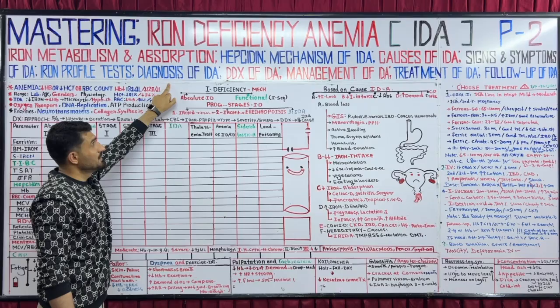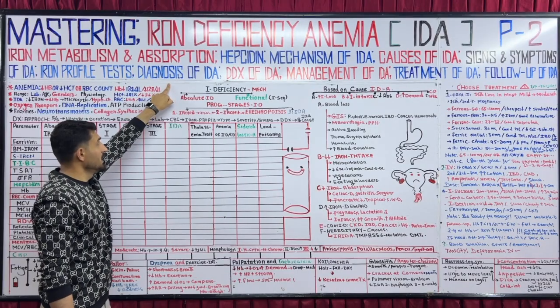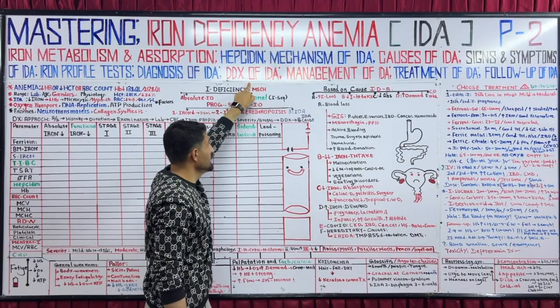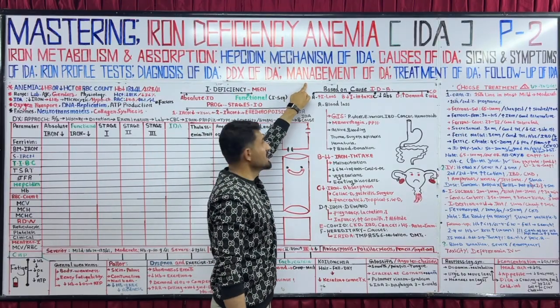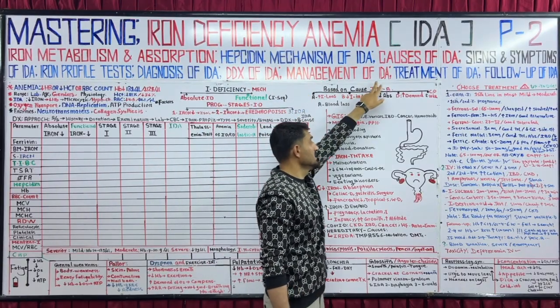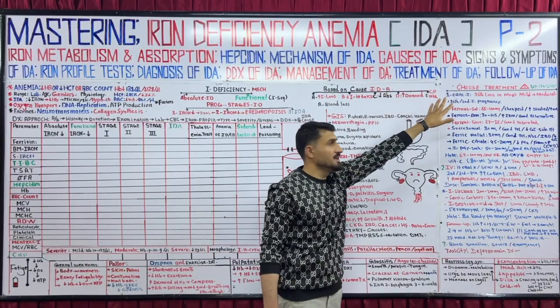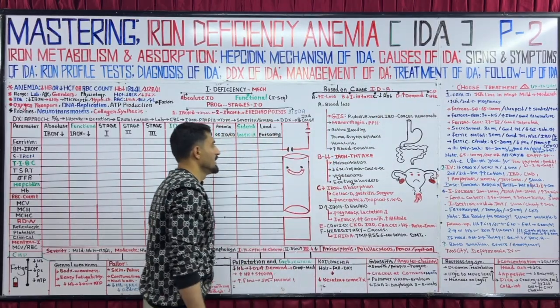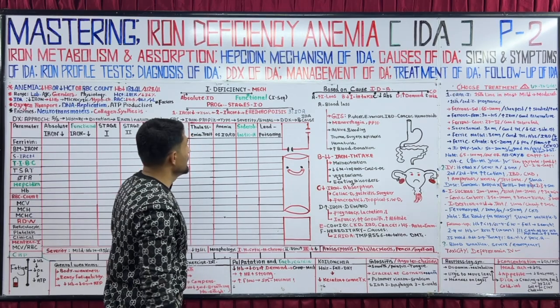Then we will talk about diagnosis of iron deficiency anemia and differential diagnosis of iron deficiency anemia. Then we'll talk about management of iron deficiency anemia and its treatment. Okay, and also we'll talk about follow up of this iron deficiency anemia patient.